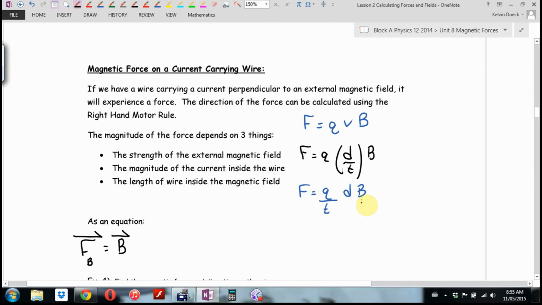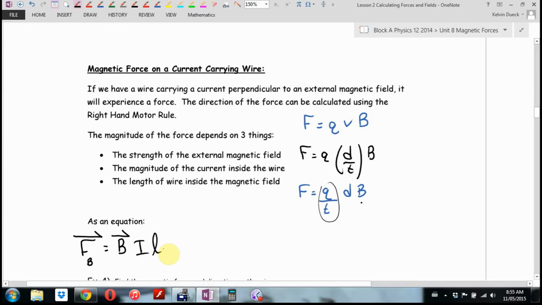It depends on the current. And it depends on some kind of a distance. Which kind of a distance? We're going to use a lowercase l: the length of wire in the field. Not the total length of wire, but whatever chunk of it is inside the magnetic field.